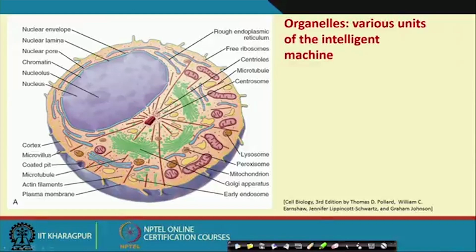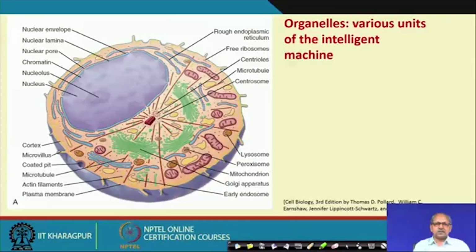In that way, all the organelles are arranged in the cytoplasm. So we can say that the cytoplasm is the place with a high concentration of proteins, containing cytoskeleton elements and organelles.